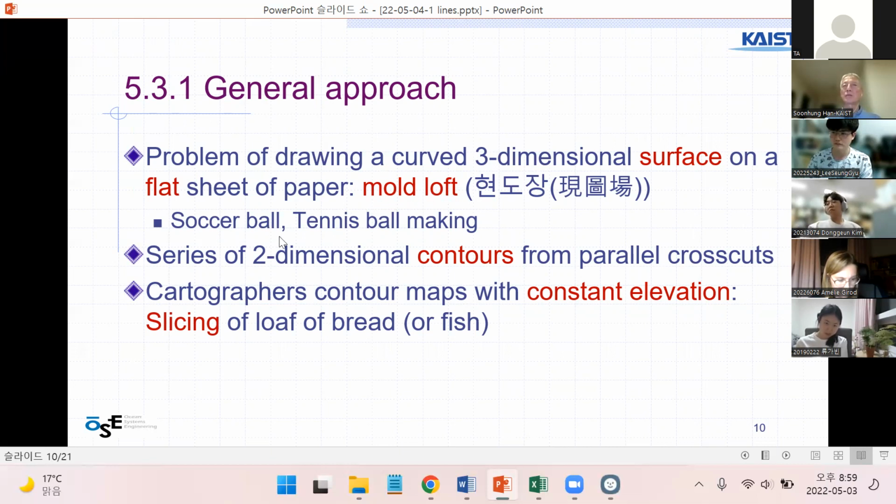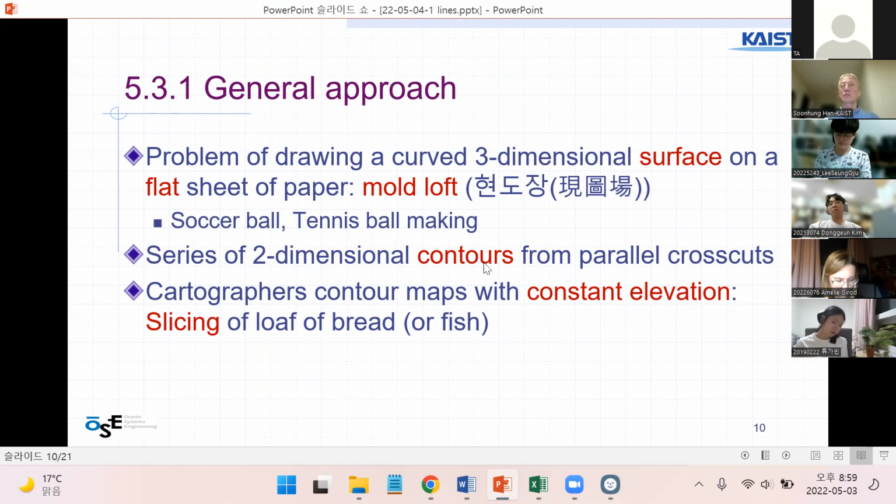Something like a soccer ball or tennis ball, how can you make that ball out of flat leather skins or gum plate? So out of a flat sheet, you need to make a curved shape. So that is the problem of making shapes similar.